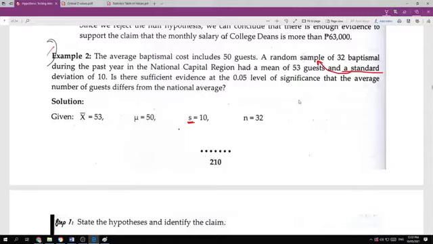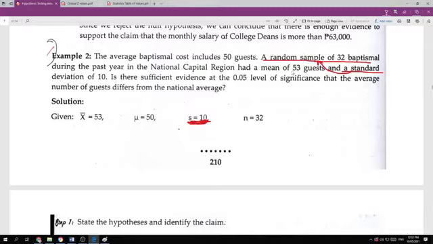It's not stated as the standard deviation of the population. Look at this sentence. The sentence here talks about the sample of 32 baptismal ceremonies. Okay? Now, there is a standard deviation of 10. So meaning 10 is simply the sample standard deviation.